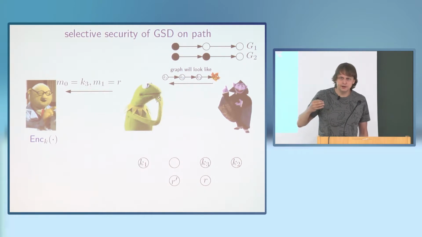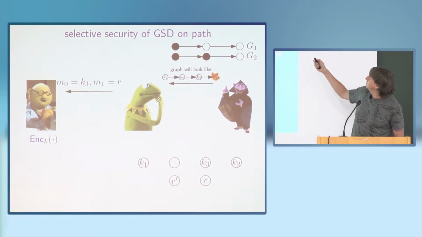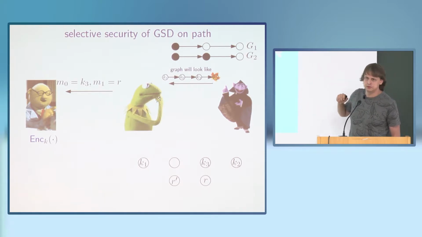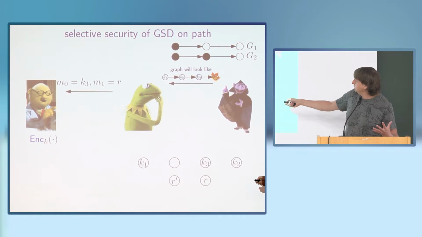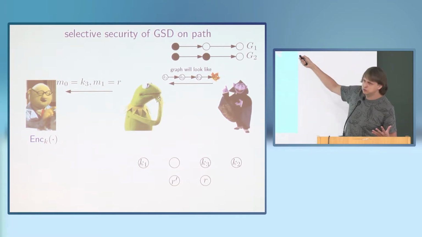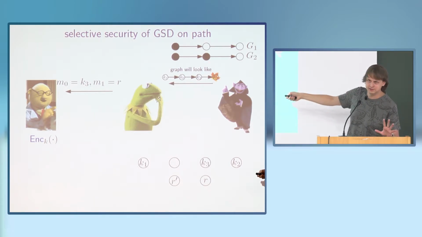Okay. So let's see how I use this fact that this guy can distinguish those two hybrids with some advantage to break the underlying encryption scheme with the same advantage. So the game goes as follows. Kermit samples the keys that he needs locally, randomly, except for this one key, which corresponds to the one node which changes between these two hybrids, this one. This one he doesn't sample.